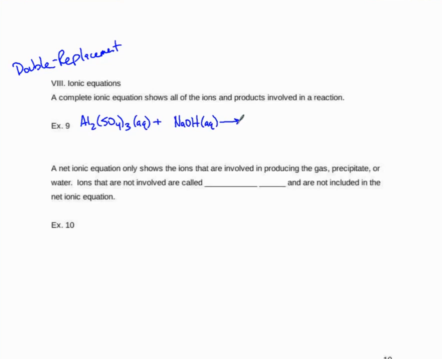Now, before I get into these, I like to find the charges for everything, just so I know what I'm working with. That way, when I start predicting my products, I already know what the charges are, and I'm not tempted to change chemical formulas to make it fit what I want. I'm able to identify what they are in the real world.